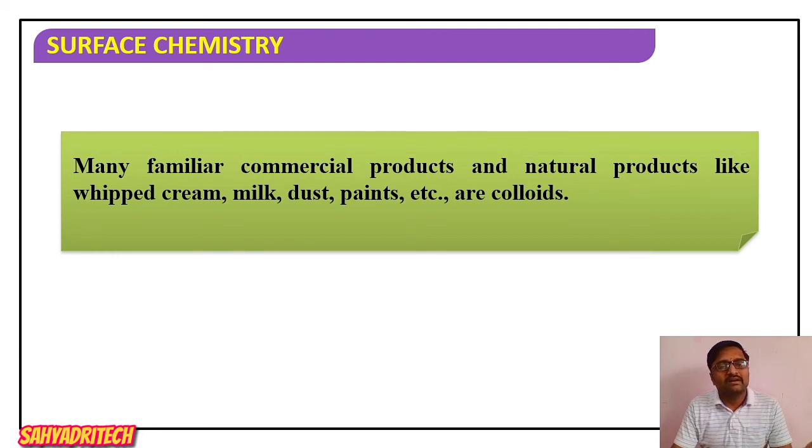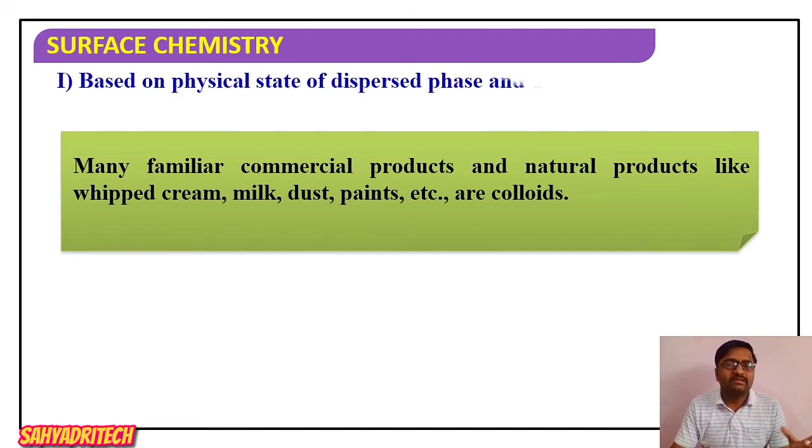All are colloids, is the observation we have made. Based on the physical state of dispersed phase and dispersion medium, whatever things are present in and around us are examples of colloids.